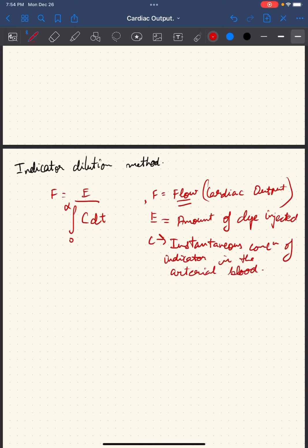Alright, so if you are doing integral C dt, we know one formula, right?